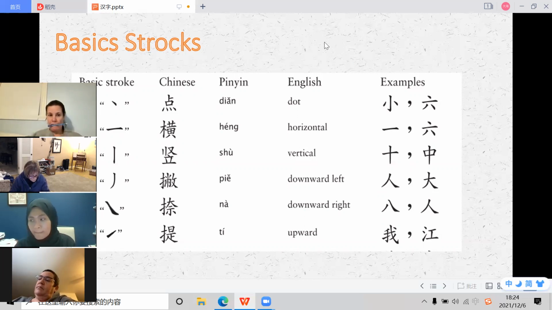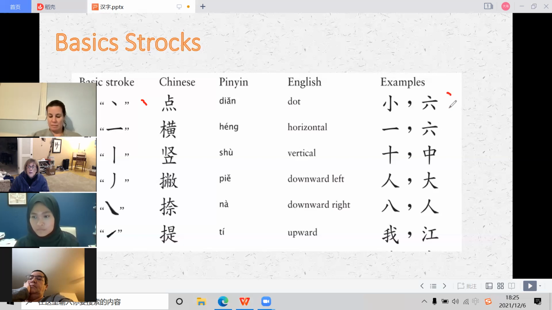Follow me. 点 is written like this. Oh, it's so big. Yes. 点. For example, the 小 or 六 has 点.